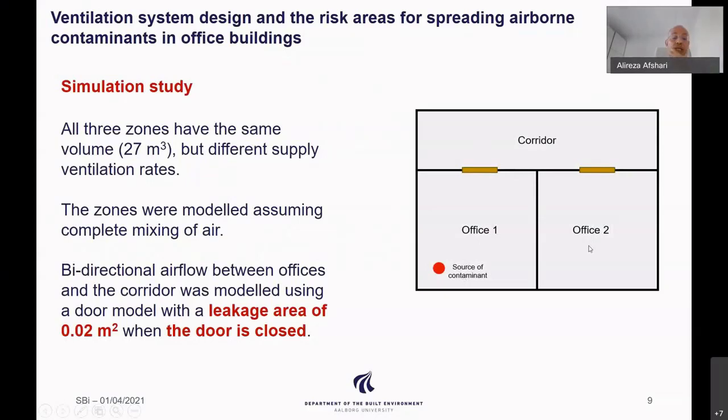The zones were modeled assuming complete mixing of air, and bidirectional airflow between offices and the corridor was modeled using a door model with a leakage area of 0.02 square meters when the door is closed. So the simulation was based on a closed door.